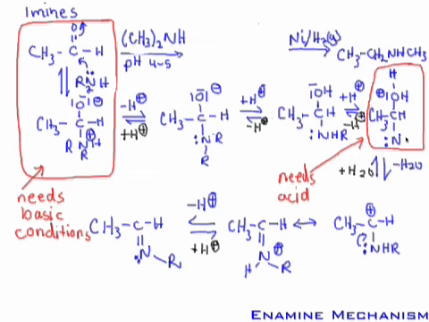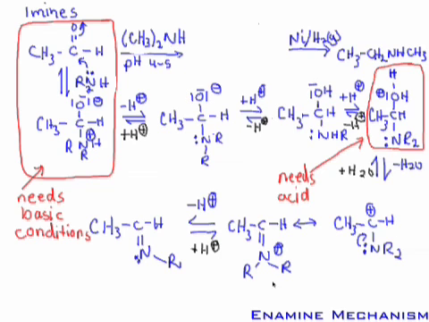Okay? And everything proceeds the same. And the mechanism can be followed. The amine can attack, we deprotonate, we get this N with two R's on it, then we start protonating the OH, get the water, kick out the water.